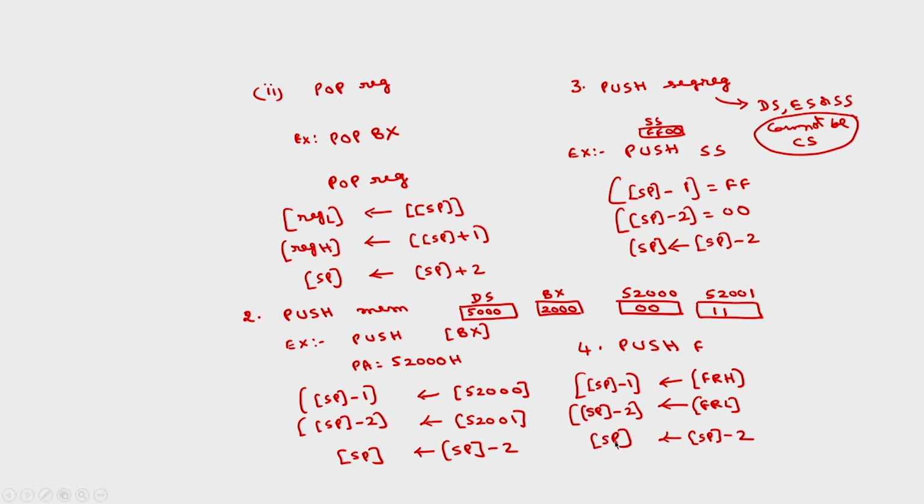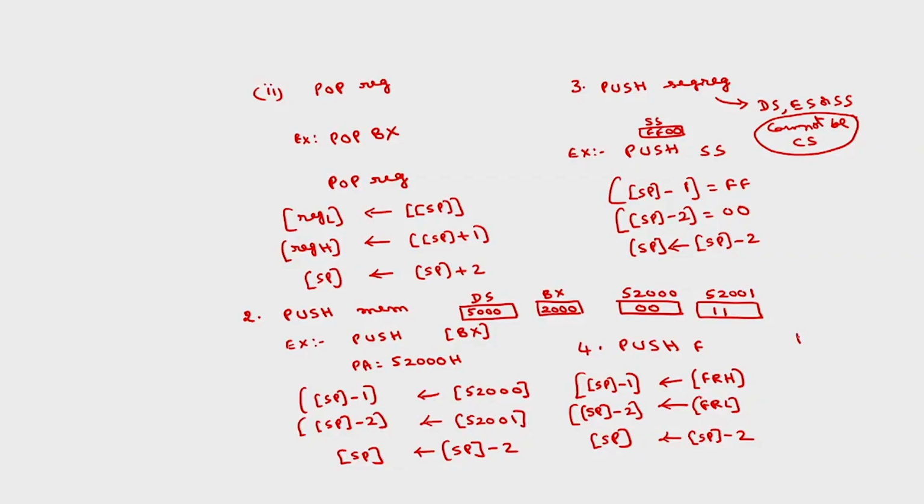So there are 4 different push instructions: pushing the contents of register, pushing the contents of any memory, pushing the contents of segment register, and pushing the contents of flag register. Similarly, we have 4 opposite operations which are pop operations, as I have discussed here.